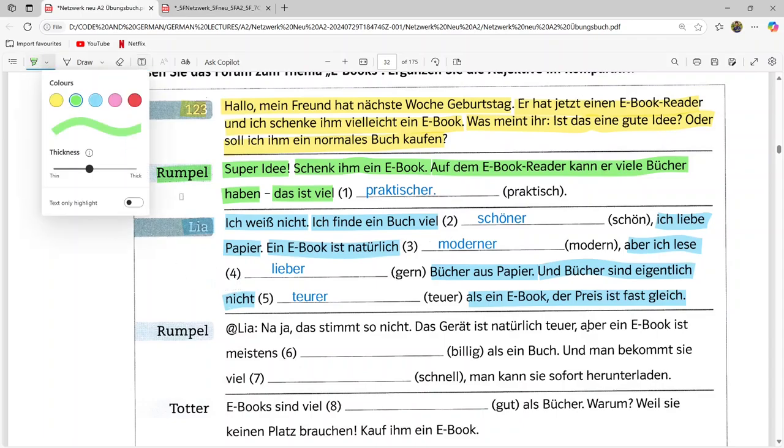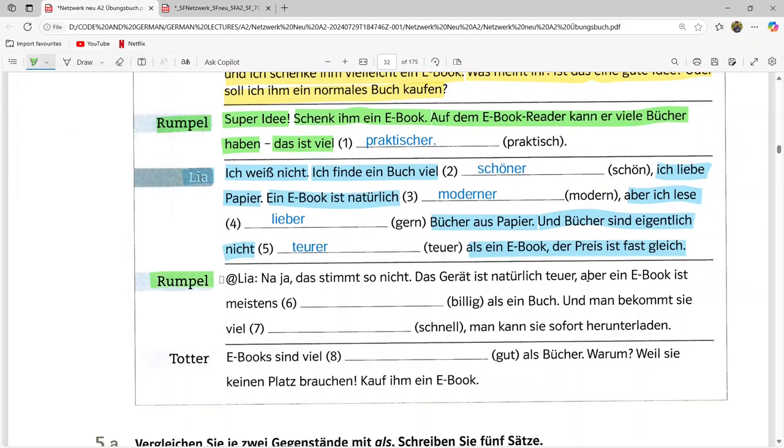And now this friend Rumpel is again saying to Liya, naja, das stimmt so nicht. So I don't agree with that. Okay. Das Gerät ist natürlich teuer, aber ein E-Book ist meistens blank als ein Buch. So he is saying that the device is naturally costly, but an e-book is cheap.